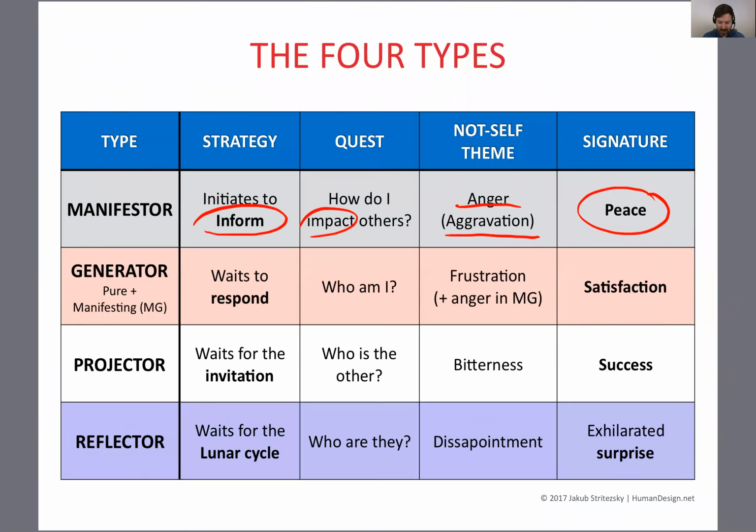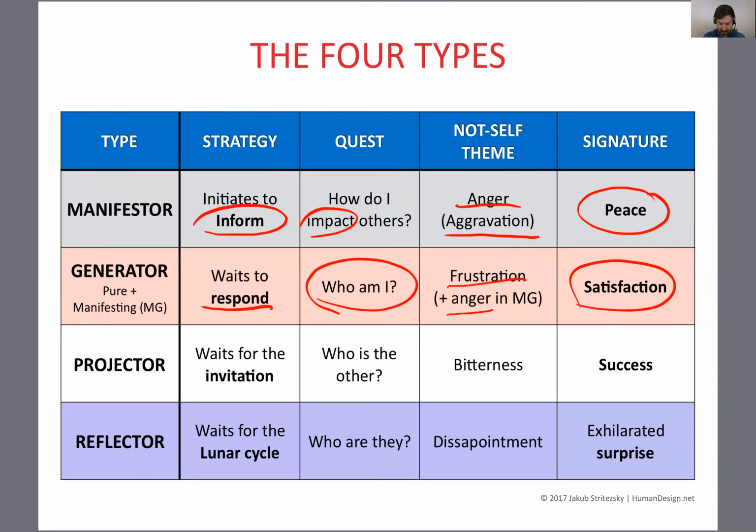Generators are here to wait to respond, to find out who they really are, because in response they can really live out their gifts and talents. If they don't respond, they can be really frustrated or angry. Otherwise, if they do respond, they can be really satisfied.